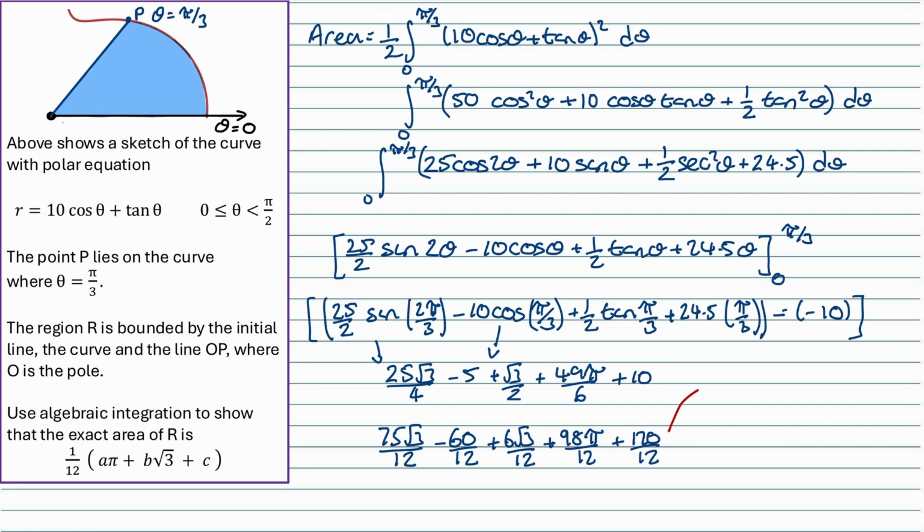So finishing this off, if we factor out the 12, we'll get the 98 pi, the 75 root 3 plus the 6 root 3 will give us 81 root 3, and the -60 plus 120 will give us positive 60. So you can see that A here will be 98, B will be 81, and C will be 60.